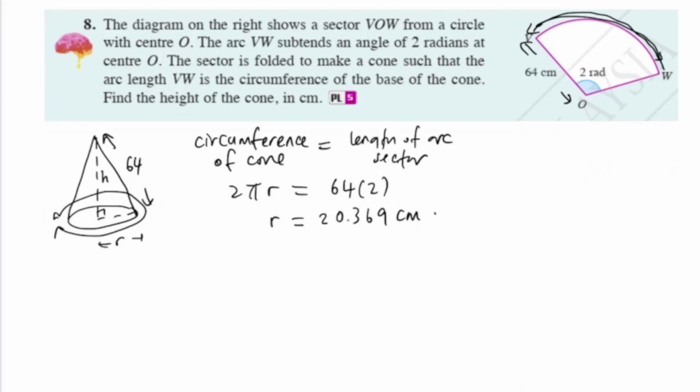Okay. Now, I want to find the height. So the height here, can you see, is actually a right angle triangle over here, right? So I know the radius already. I'll just use Pythagoras. 64 squared minus 20.369 squared, put a square root over.